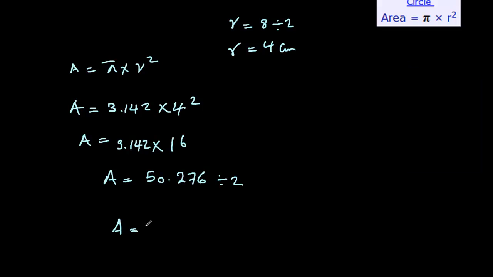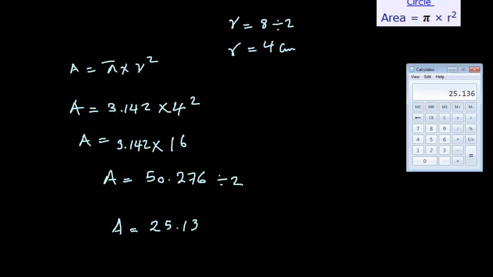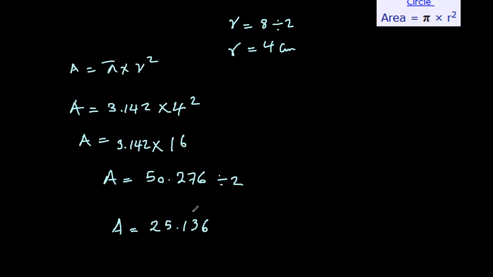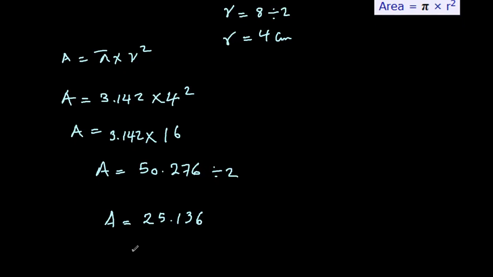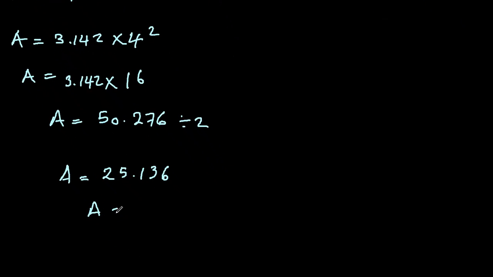So the area of a semicircle is 25.136, and if I round it to 1 decimal place, I get 25.1 centimeters squared.